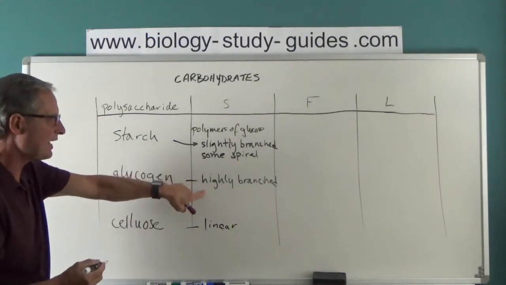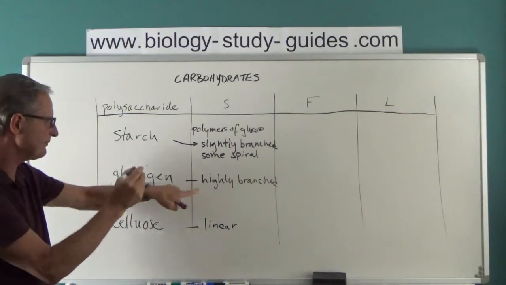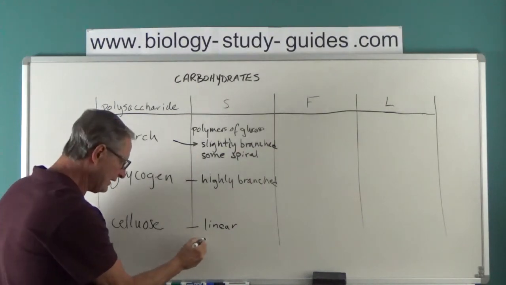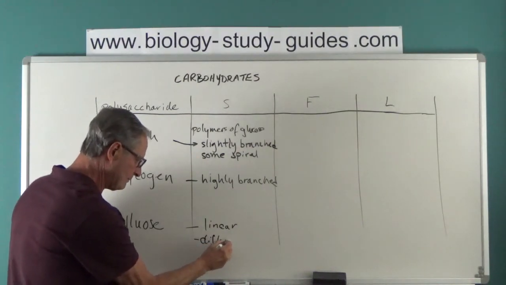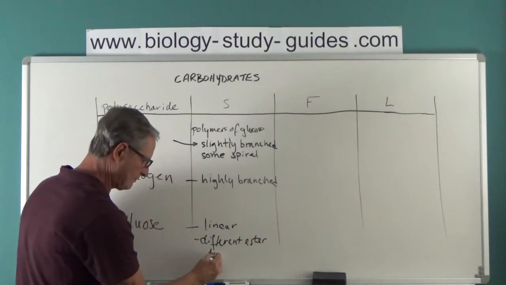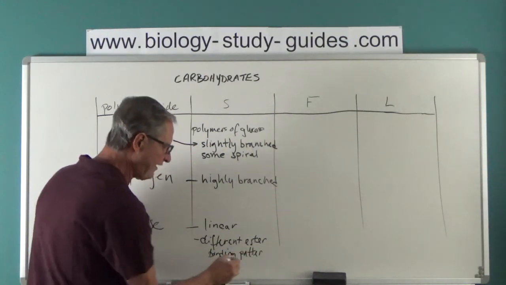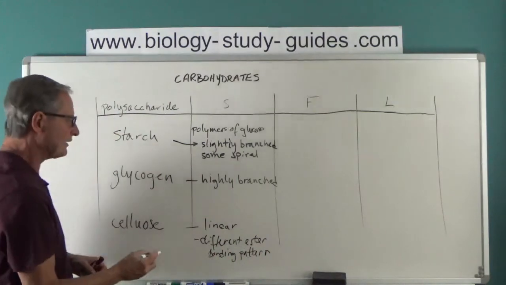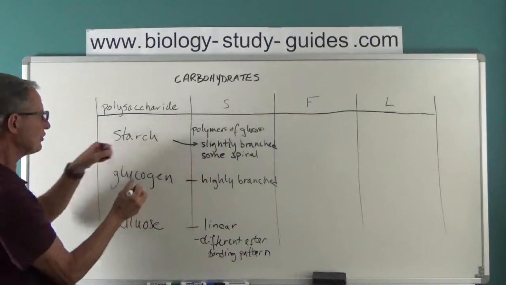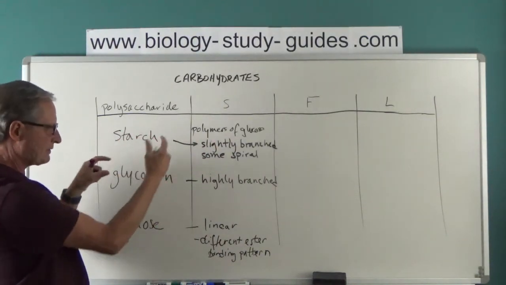Remember I said ester bonds go from carbon to oxygen back to carbon. These ones have the same ester bonds. These ones have a different ester bond. In starch, it's glucose in a line, and sometimes it branches.